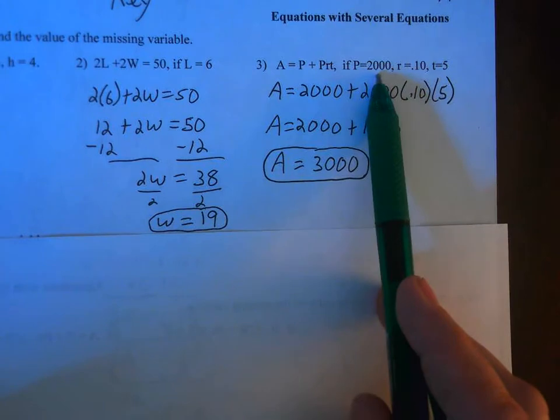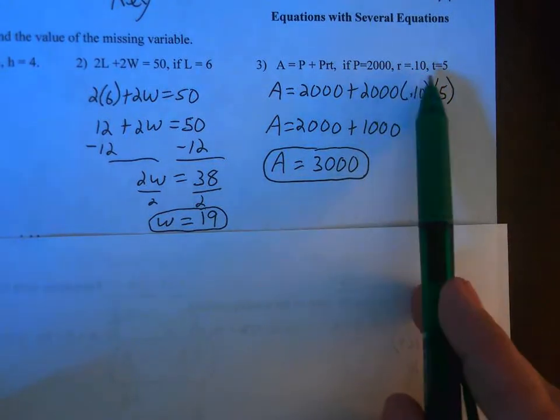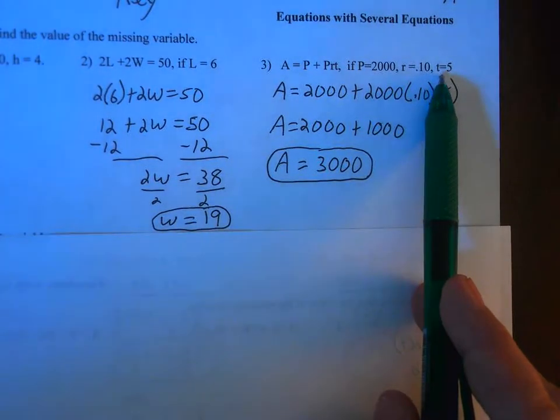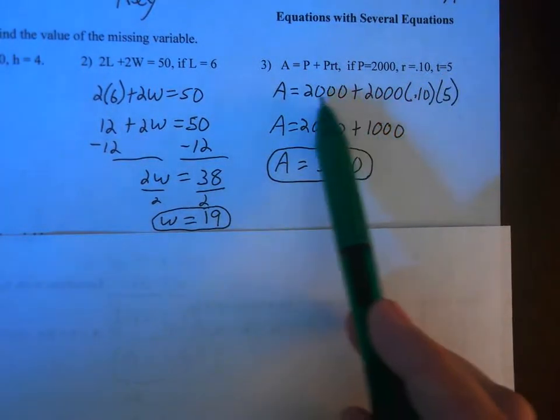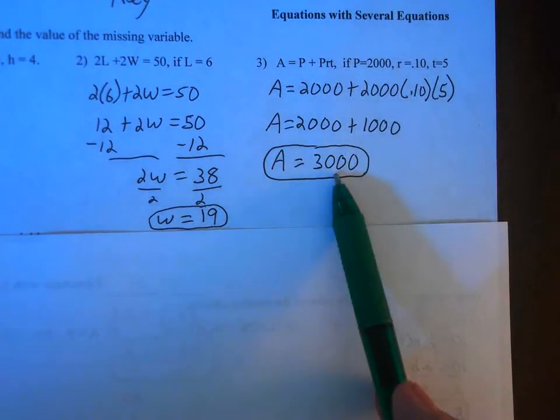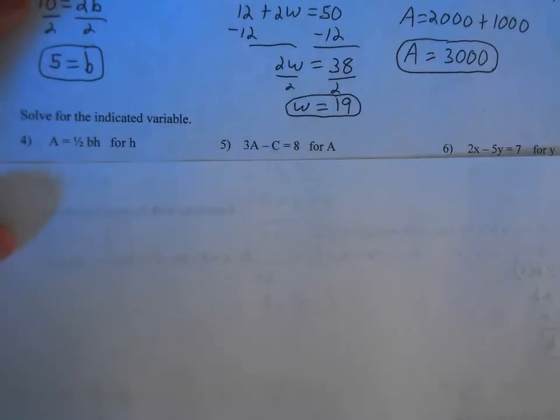So the principal is 2,000, the rate is 0.10, or 10%, and then T equals 5, that means you have 5 years of interest. So substitute the values in, and you end up with 2,000 plus 1,000, which is 3,000. Okay, so that's just substituting in for a variable and solving for the variable that we don't know.